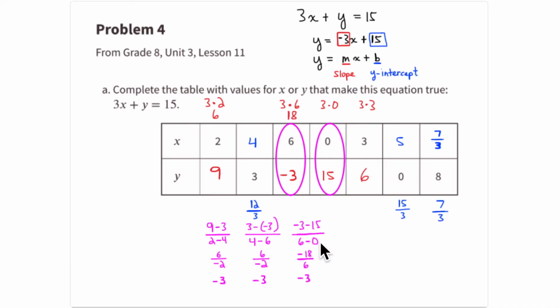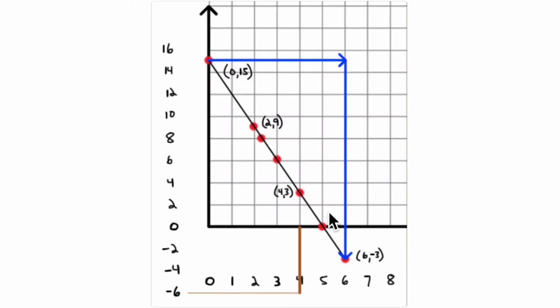On the other hand, in the x direction, if I started with $0 and I ended with a positive $6, that means I gained $6 in the x direction. So that ratio, negative 18 to 6, is negative 3. So let's look at that movement one more time. I started here at (0, 15), and I ended here at (6, negative 3).